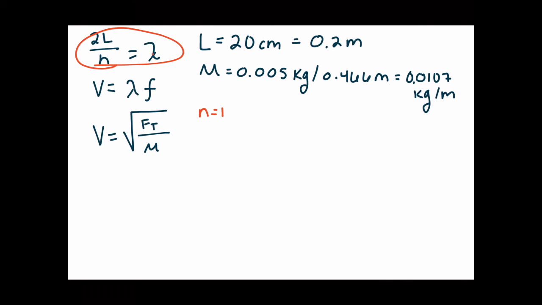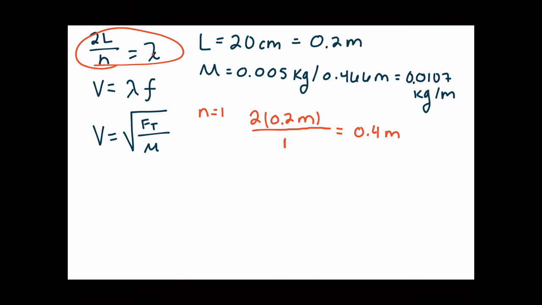So I'm going to take 2 times 0.2 meters, and then divide that by 1, as I'm focusing on the fundamental frequency, or the fundamental harmonic. And when you do that, you get 0.4 meters.